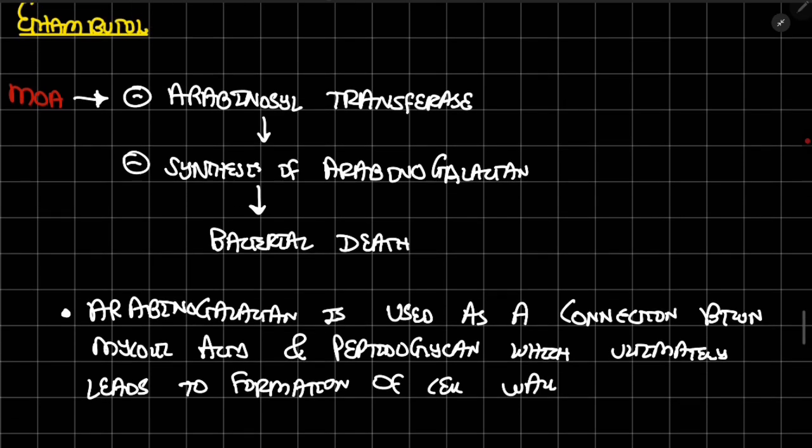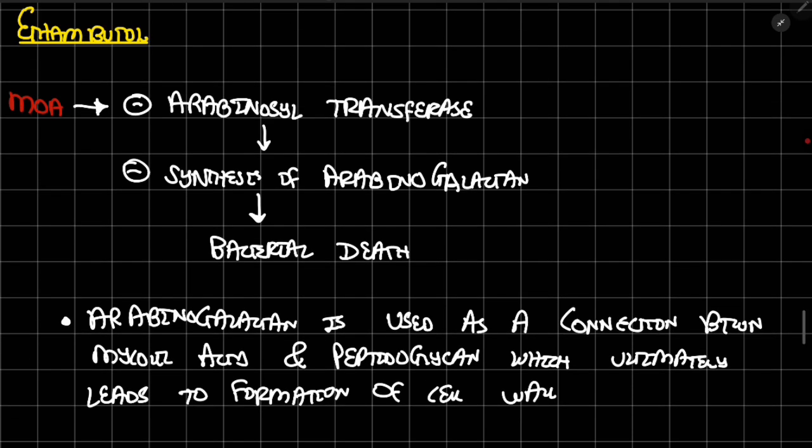So you have the answer now. If there is no synthesis of arabinogalactan, it will lead to the loss of connection between the peptidoglycan and mycolic acid. So therefore it leads to disruption of the cell wall, and it will lead to bacterial death.